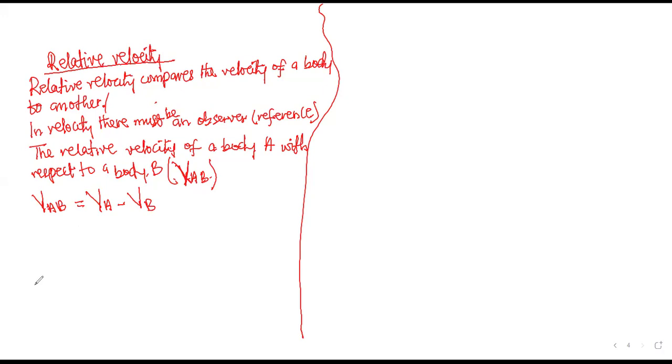So the relative velocity of A with respect to B is written as the velocity of the body A minus the velocity of the body B. Are we there, class? Yes? Okay.